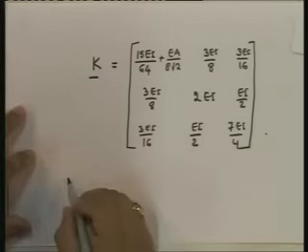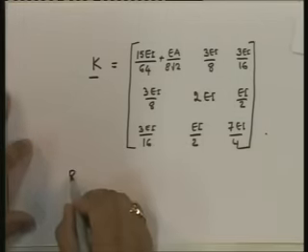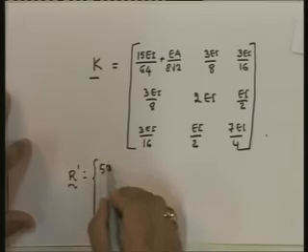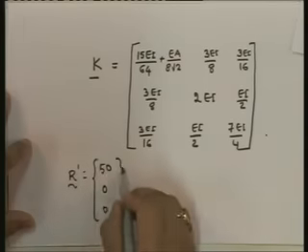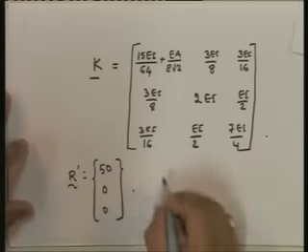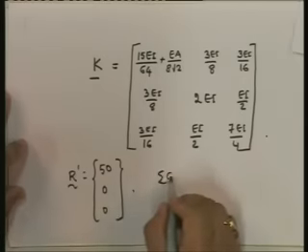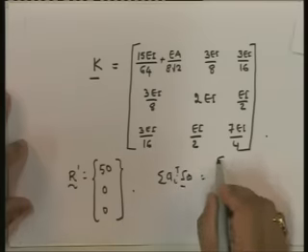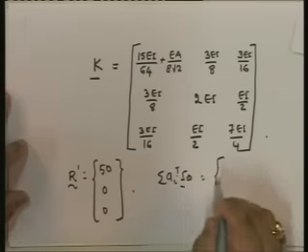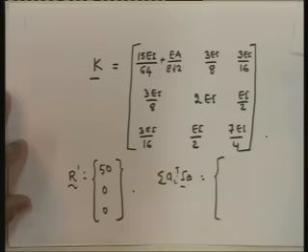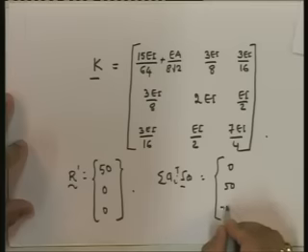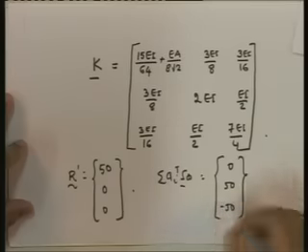And my R, I'm just repeating it, is going to be 50, 0, 0. And my summation AI transpose SI0 is going to be 0, 50, minus 50.